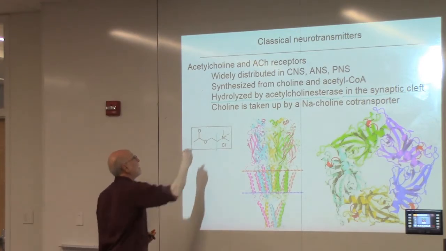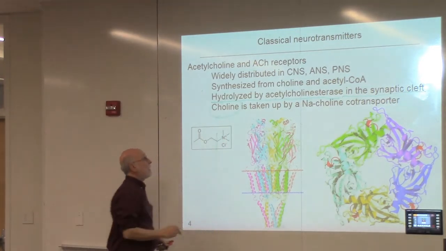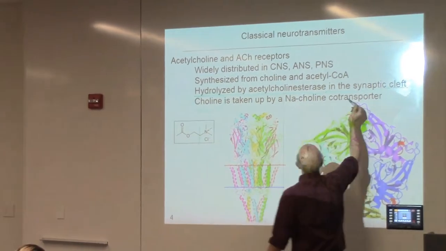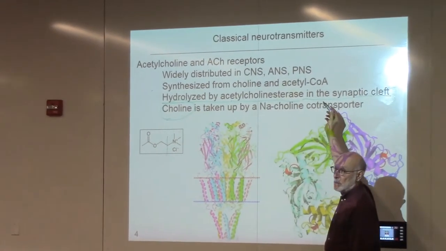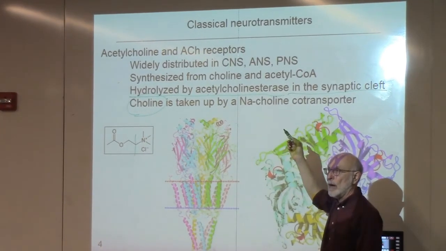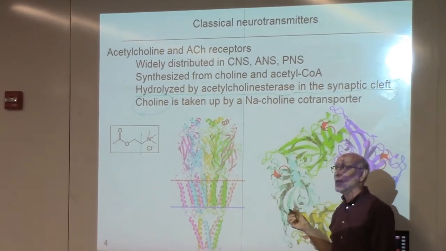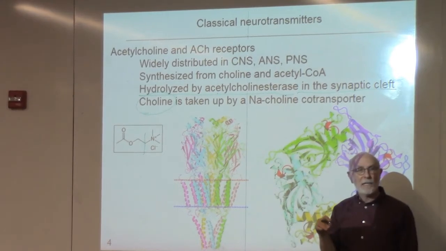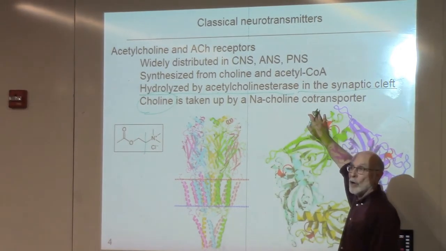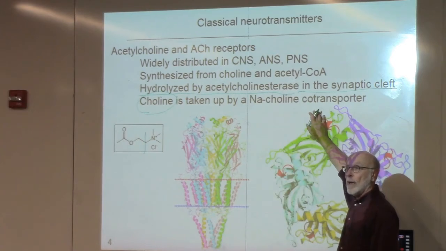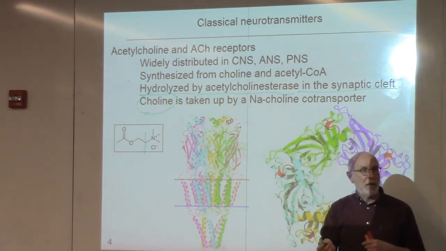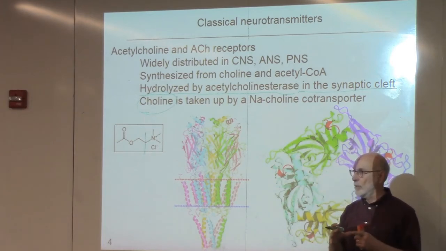And the choline piece is reuptaken by a sodium-dependent symporter, like we talked about last week, generically, about how neurotransmitter is retaken up by a neuron from the synaptic cleft. Remember, there's that sodium neurotransmitter cotransporter, and then the proton neurotransmitter antiporter in the synaptic vesicle, right?